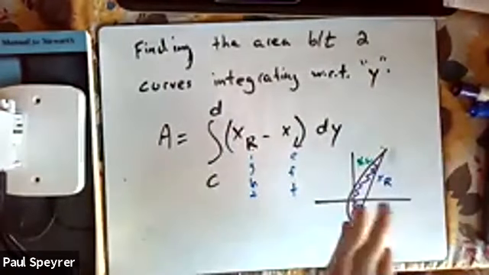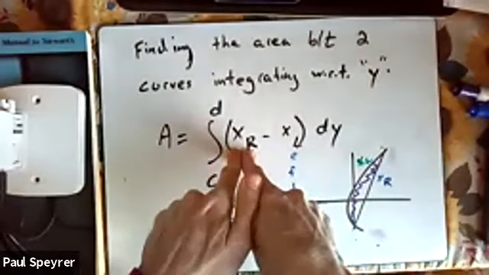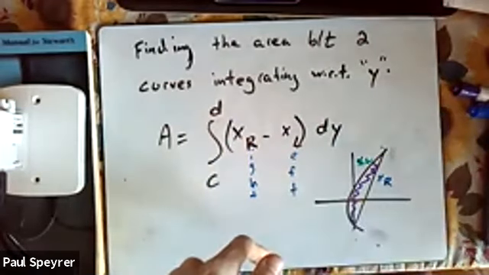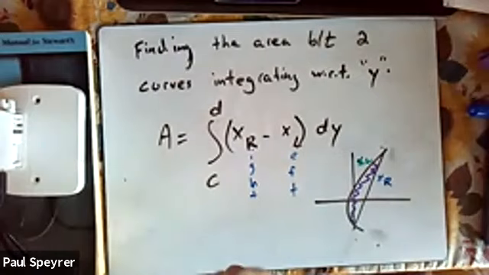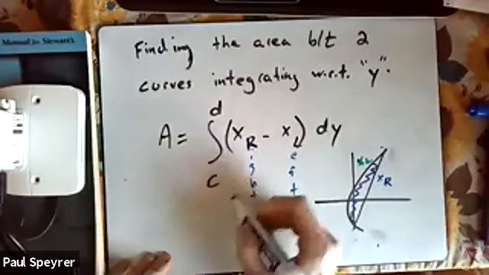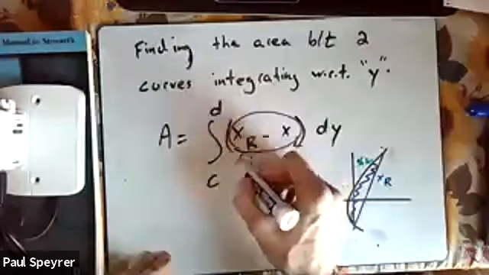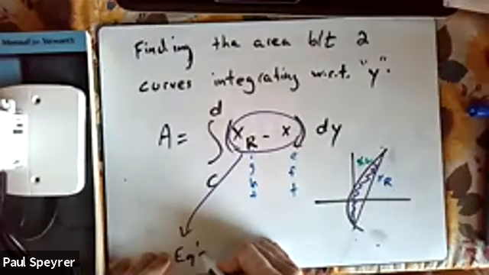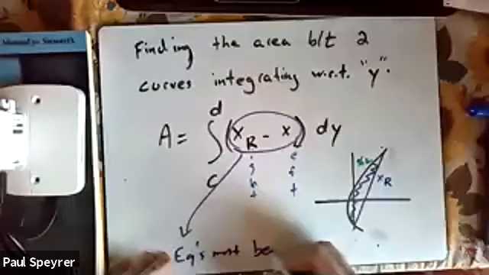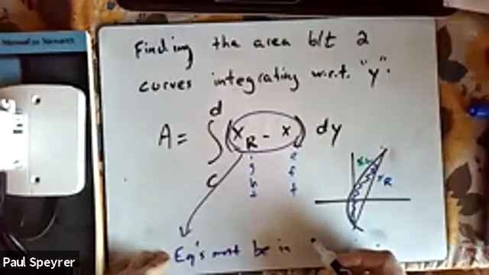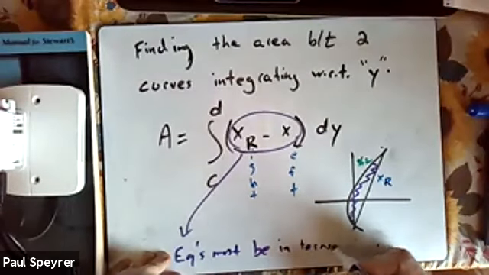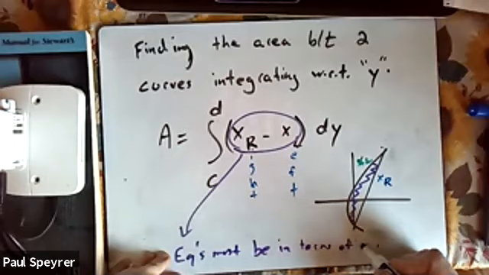And really important too, with this XR minus XL, what does that mean? It means that the equations in this case must be in terms of y. What does that mean?